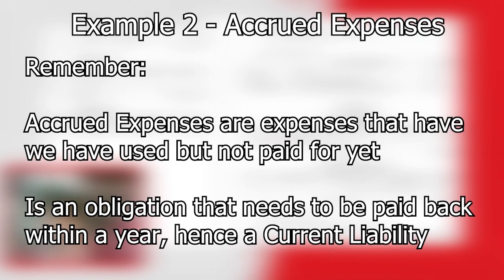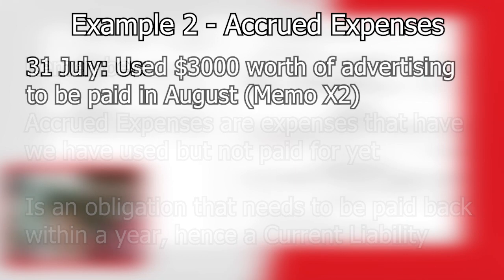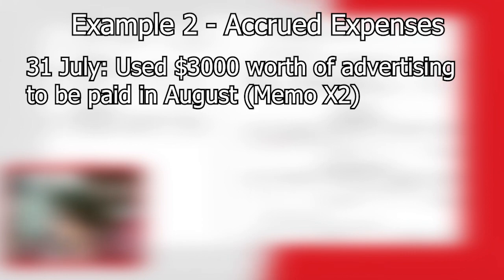And this time, that obligation will mean it's a current liability because we plan to pay them back within a year. So accrued expenses, always current liability. So in this one, on the 31st of July, we used $3,000 worth of advertising, and we plan to pay it back, or it's to be paid in or during August.